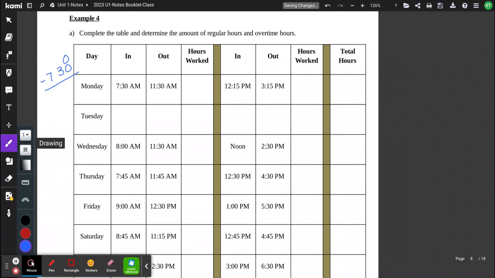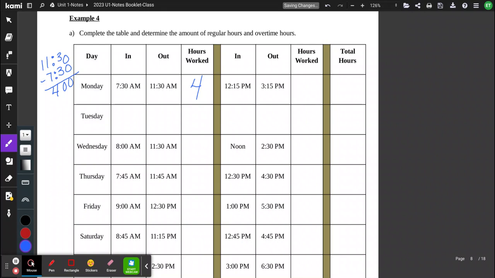You could literally subtract those straight up and down. Okay. So if we subtract those, we're going to get a total of 4:00. So that's 4 hours. So you worked 4 hours there.